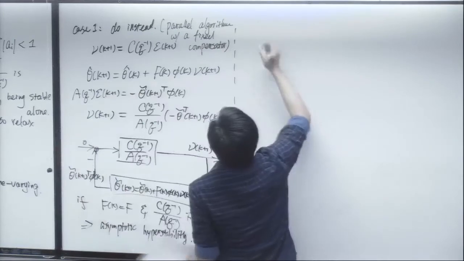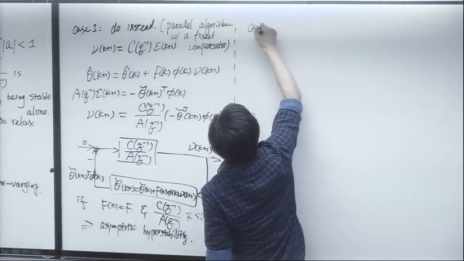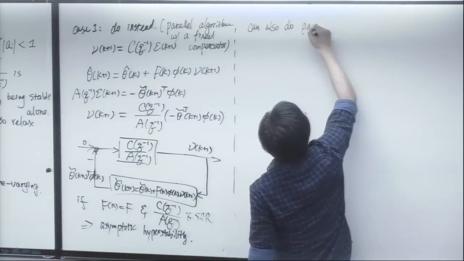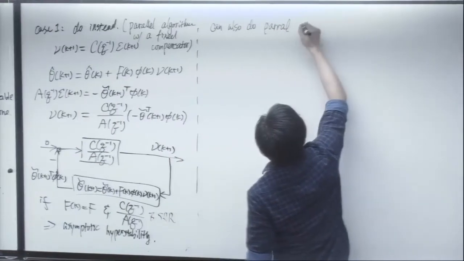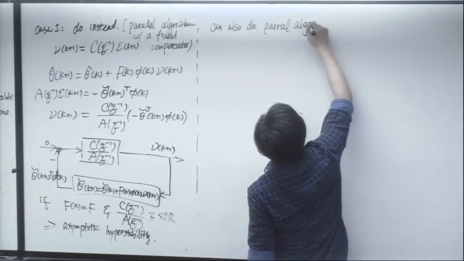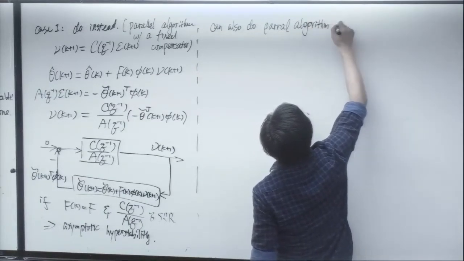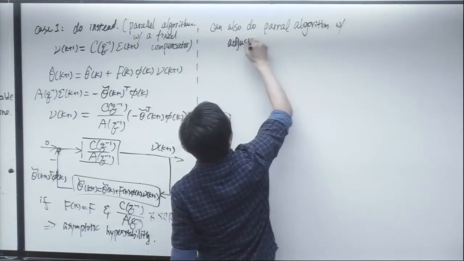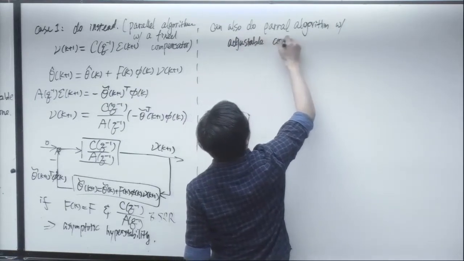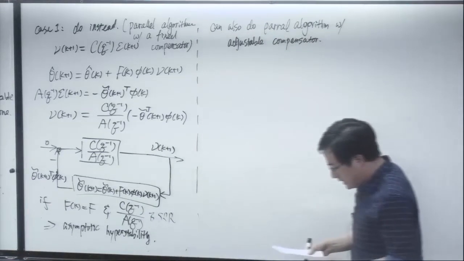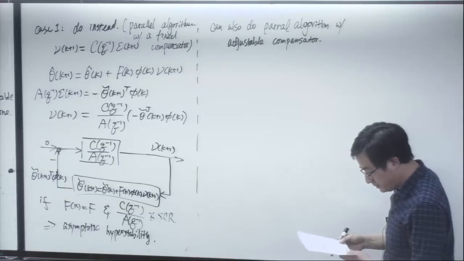So we can also do a parallel algorithm with an adaptive compensator, or adjustable compensator. So let's take a look at how that will work.